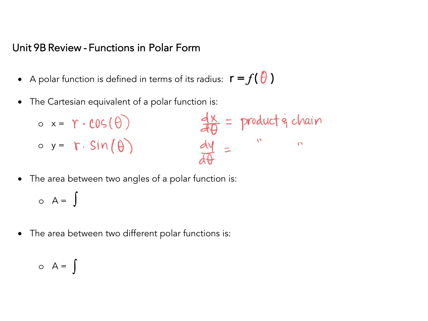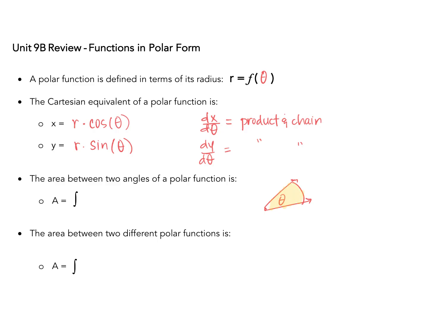Then we have area. If you're thinking about area, area is always swept out in what we call a sector. And so the area would be between two of those angles. So any two given angles, you're going to figure out the area in between.